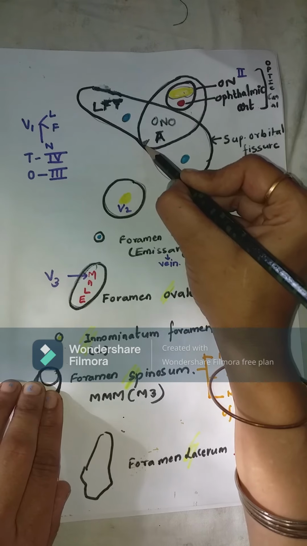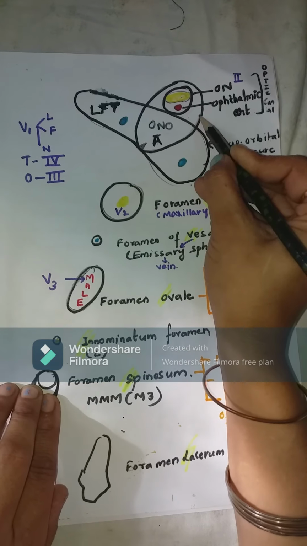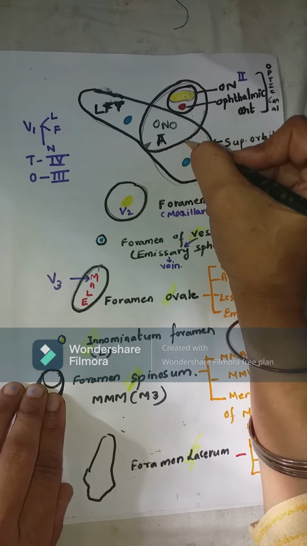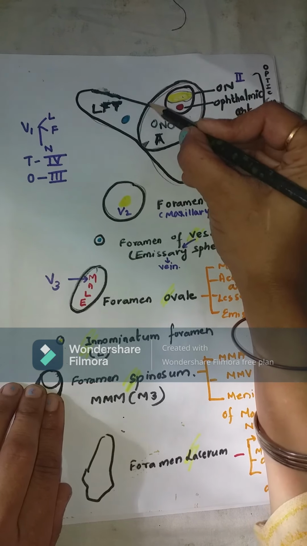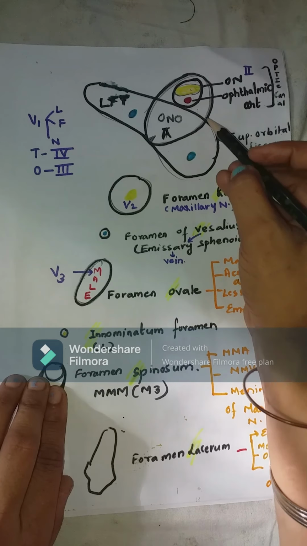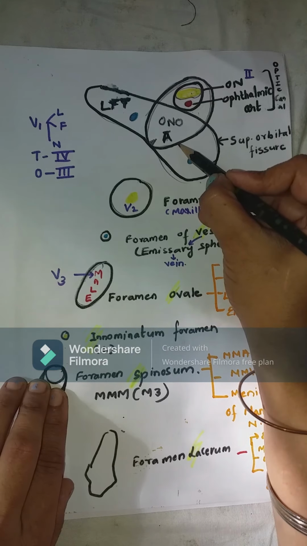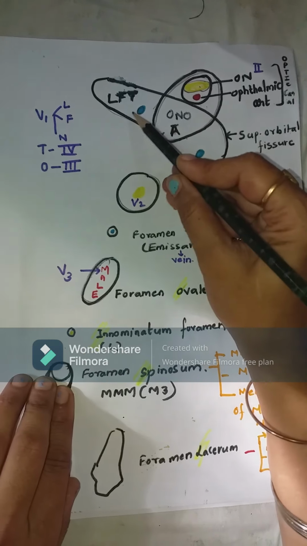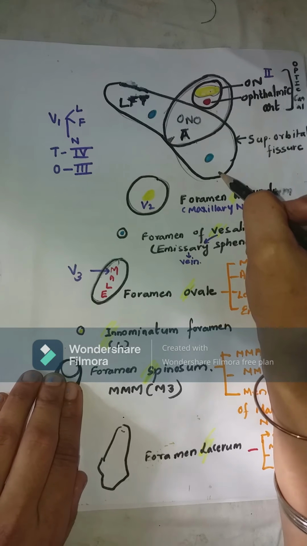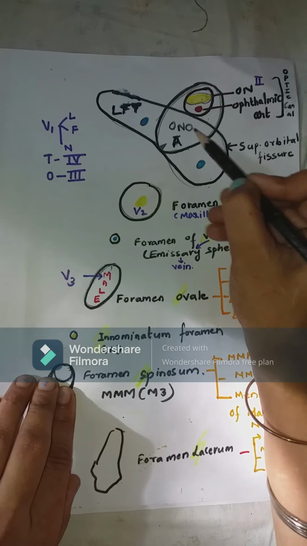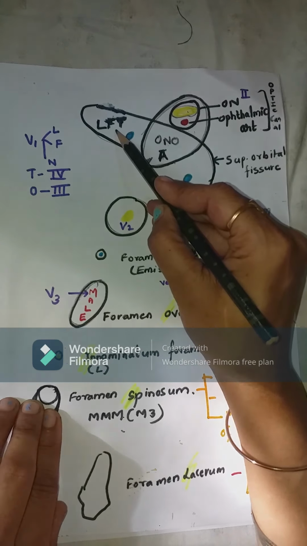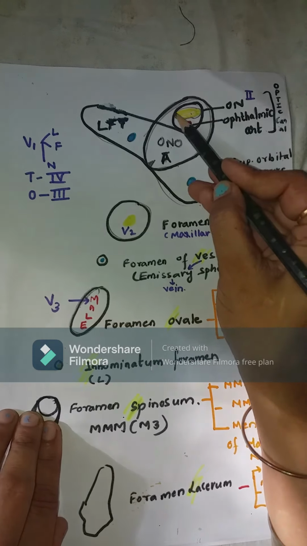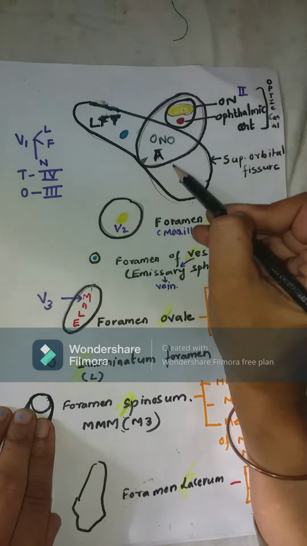Attached to this elevation there is a tendinous ring of Zinn. Don't worry about that, it is just a tendon which gives attachment to the muscles of the eyeball. It divides the superior orbital fissure into three compartments: medial, middle and lateral. Also this tendinous ring of Zinn encloses the optic canal within itself.